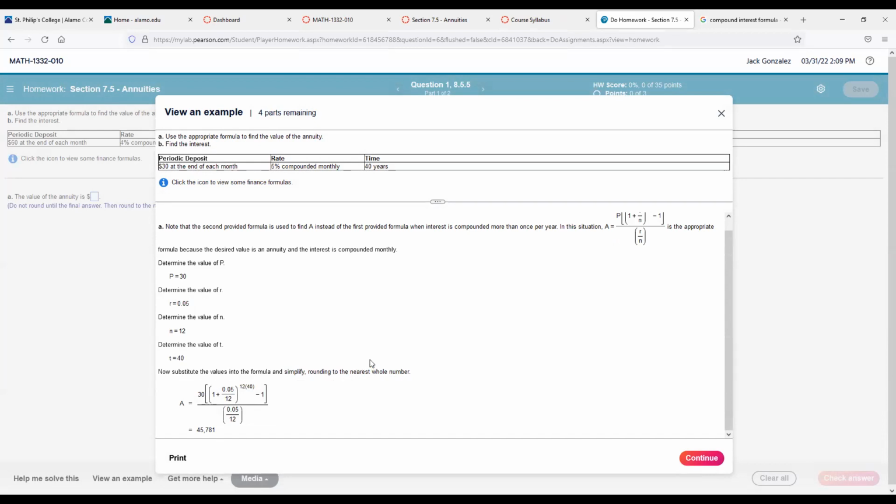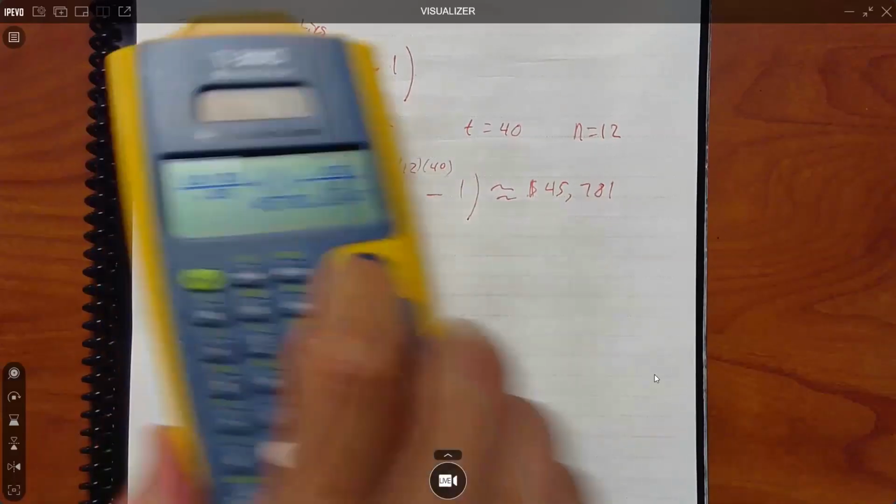So nearest dollar. They don't care about the change in this homework, at least this question. 45,781. So that was how much we made in 40 years of just putting $30 away. It's not too shabby, right?